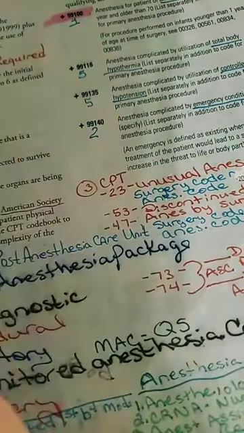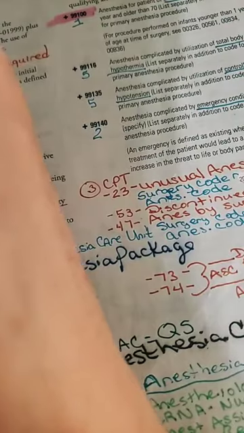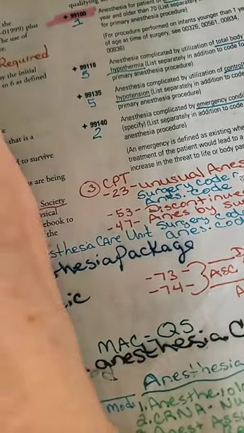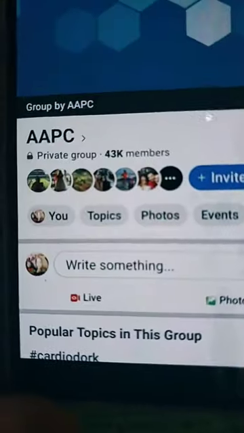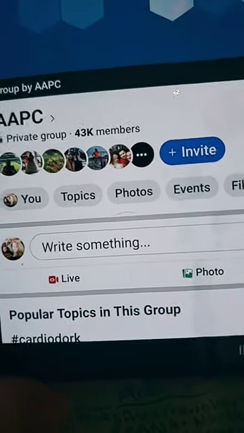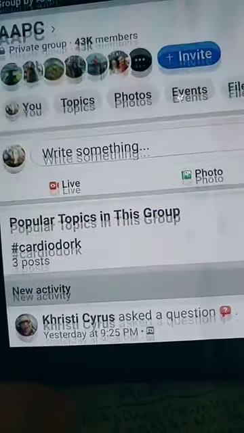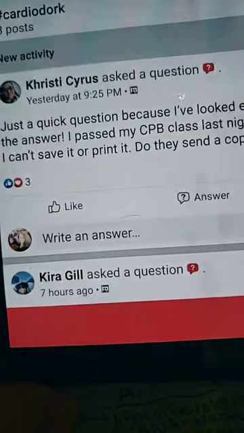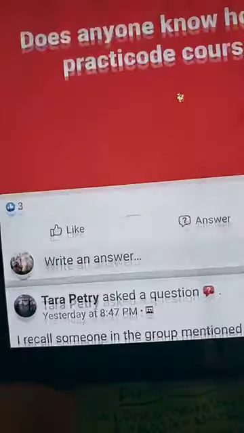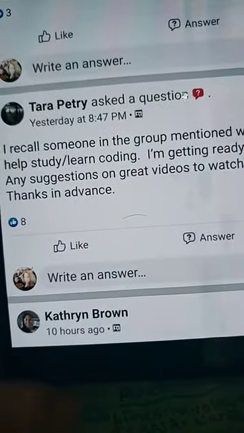If you're brand new, just now thinking about becoming a coder, and you are way new, stick with your AAPC Facebook group. They can direct you to finding all the information that you need and getting started with even self-practice.